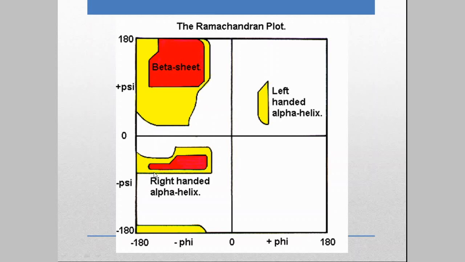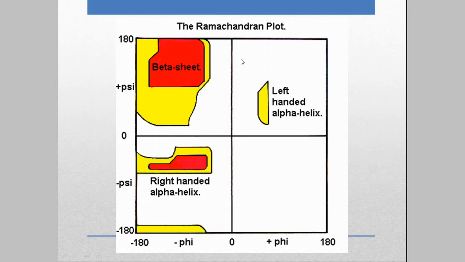This is your third quadrant, which has the right-handed alpha helices, and this is your second one, which has the left-handed alpha helices. So this section will have both the parallel and the anti-parallel beta sheets. Based on how the psi and phi angles are, the secondary structures were determined.